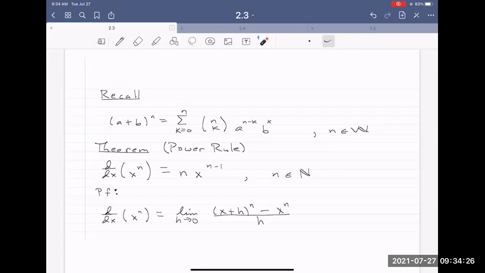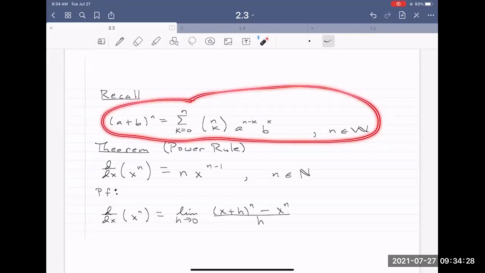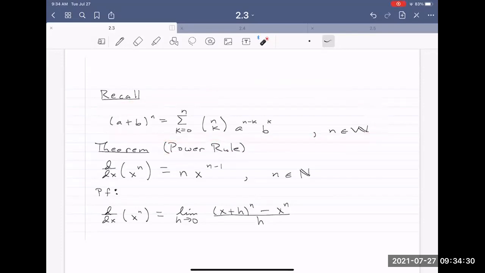So let's use this result here to prove the power rule. So the power rule is the derivative of x to the n is n times x to the n minus 1. And this is true for any natural number n. It turns out this is actually true for any number.